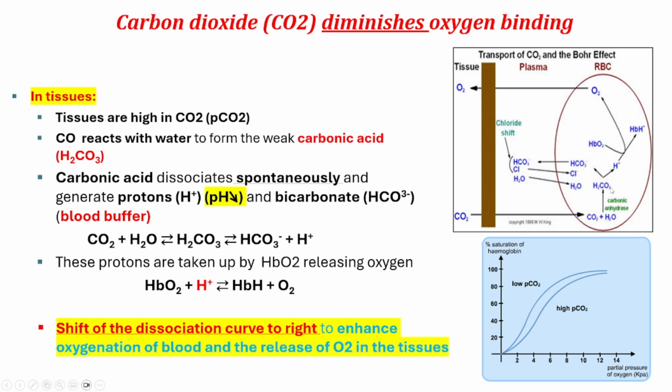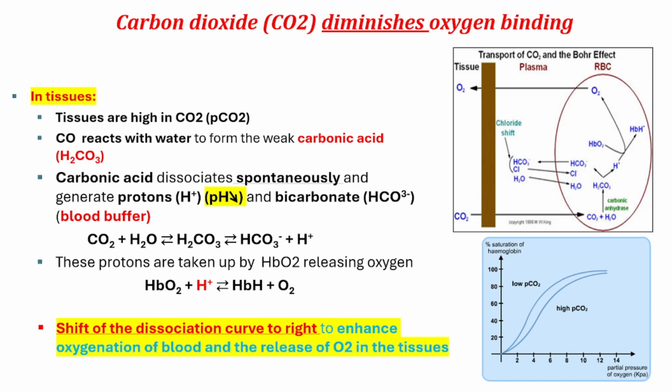This molecule inside your RBC, once it is formed, will dissociate spontaneously without any enzymes or anything. It will give me the bicarbonate, which is the buffer for the red blood cells, and it will give me protons. When I say protons, I mean pH. So here I'm going to have an increase of protons. It means the pH will decrease.